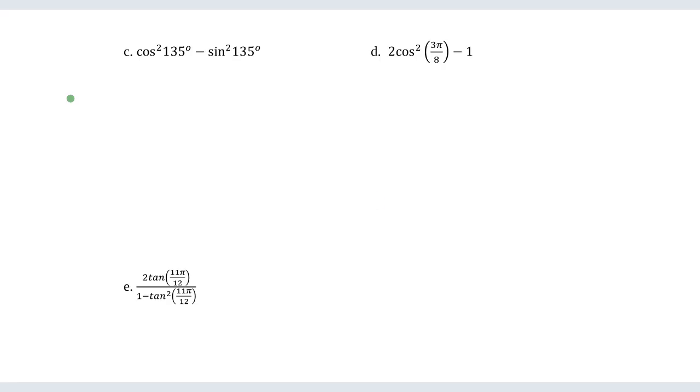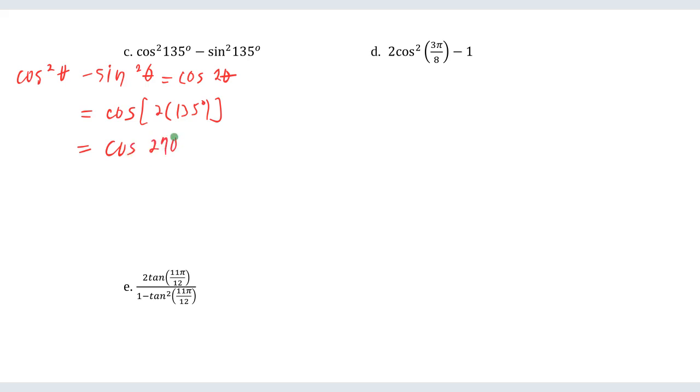Going to cosine squared 135 degrees minus sine squared 135 degrees, this is similar to cosine squared theta minus sine squared theta, which is equal to the cosine double angle, cosine 2 theta. So we have 2 times 135 degrees, which is cosine 270 degrees.